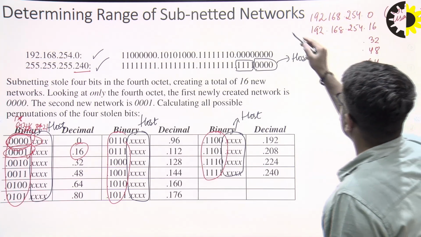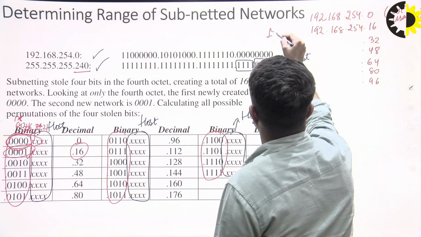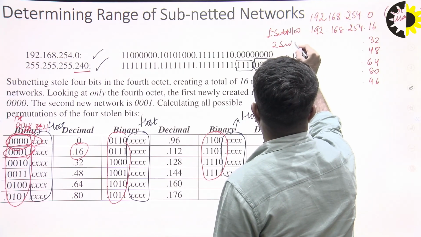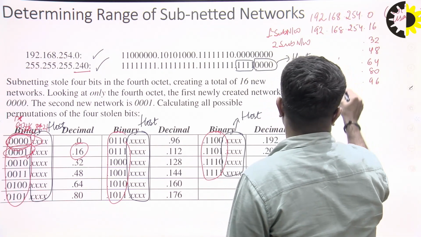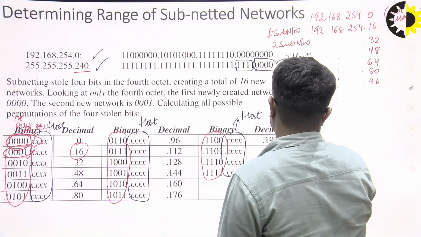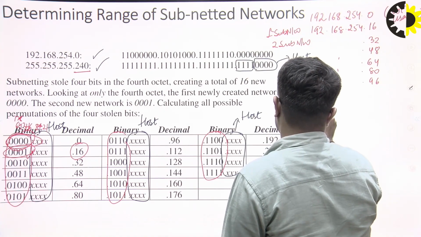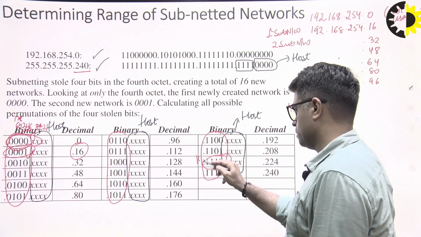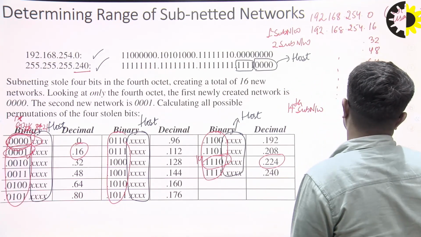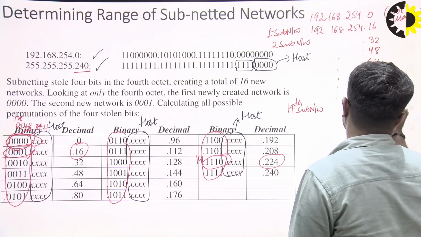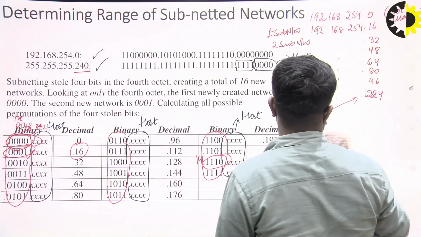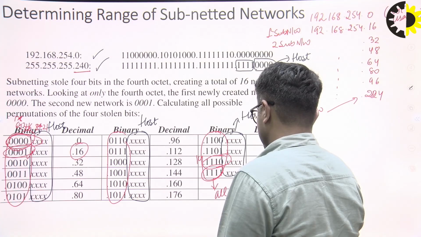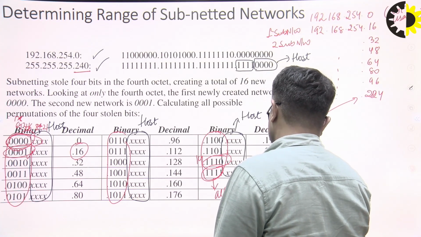So these are all usable; this will be my first usable subnetwork, then the second subnetwork, and similarly the 14th subnetwork will correspond to 224. And the last one, 1111, again all ones, is not usable.